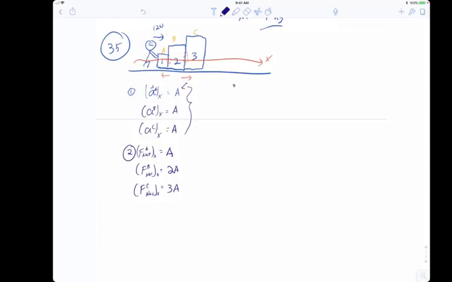Step 3, free body diagrams. So A, B, C. Each of these is going to get their own free body diagram. So this one, A, it feels a push of 12 newtons. And it's also going to feel a force from B. I'll call it FAB.